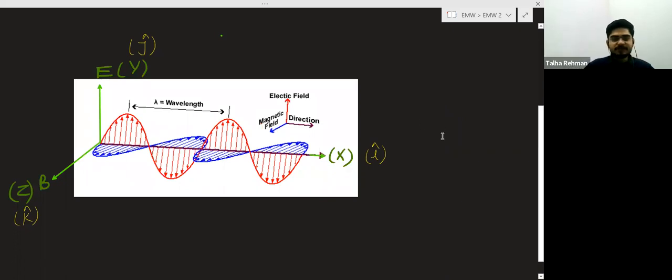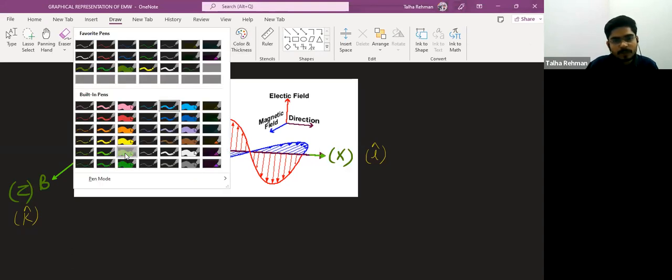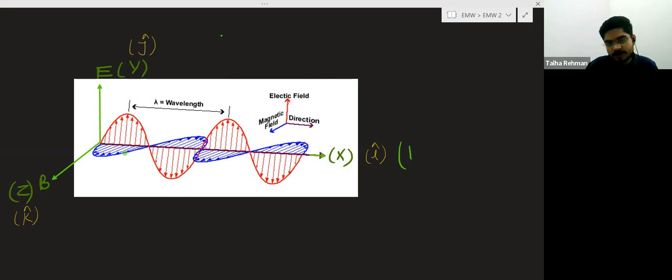In an electromagnetic wave, there is an oscillating electric field and an oscillating magnetic field. The oscillations of the electric field and magnetic field are perpendicular to each other as well as perpendicular to the direction of propagation. Basically, this is the propagation direction.